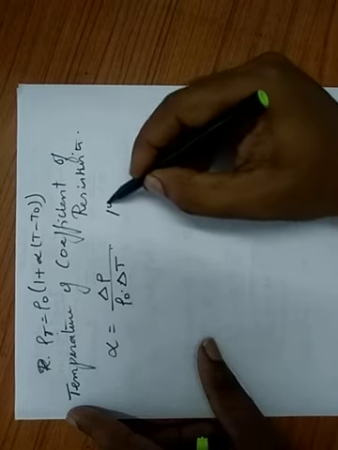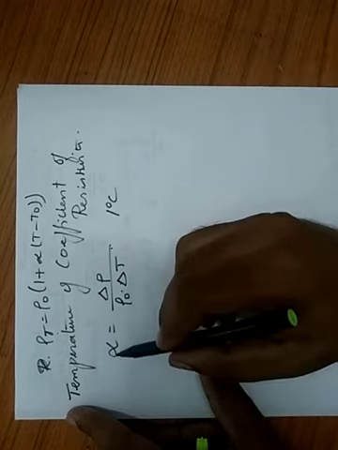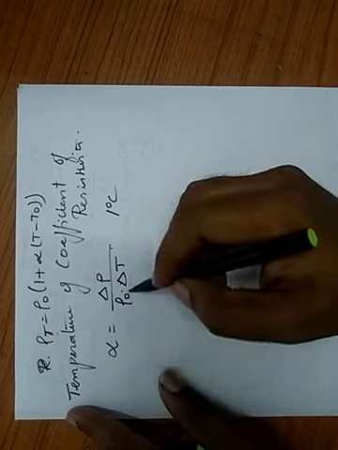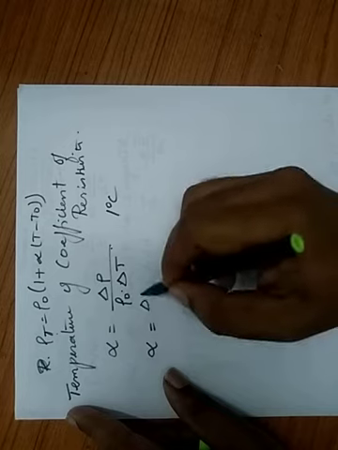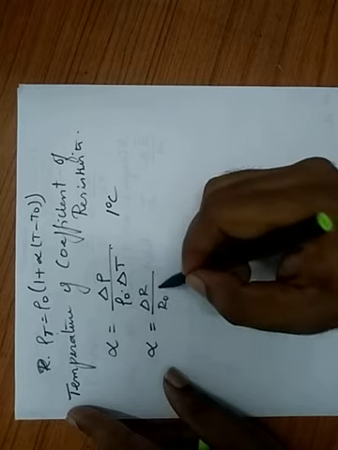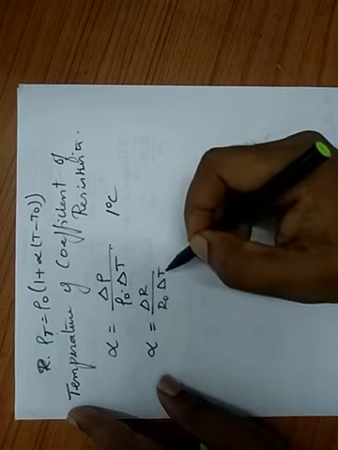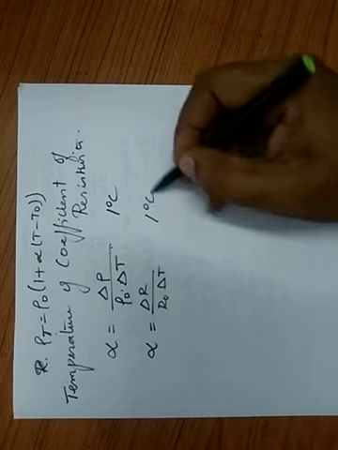Its unit is per degree Celsius. We can write this temperature coefficient of resistance in terms of resistance also. Then alpha is equal to delta R by R naught delta T. Here also we get the same unit, per degree Celsius.